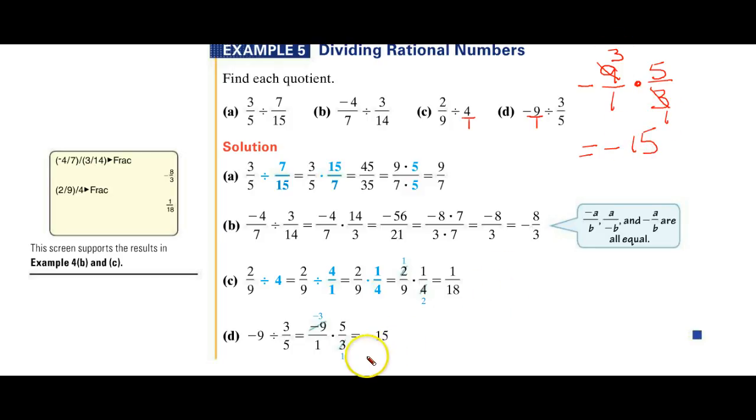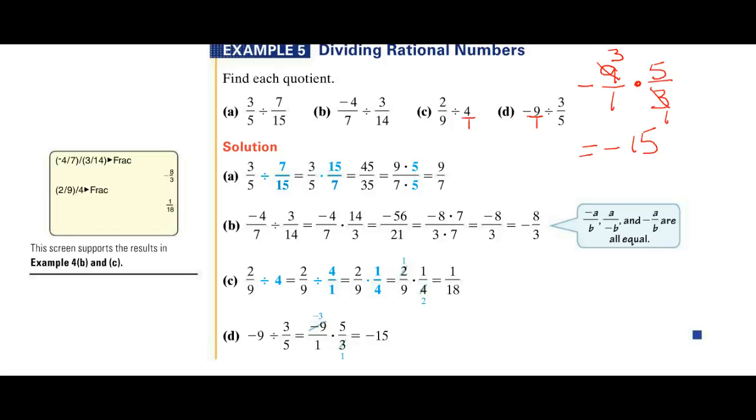And that's what they have here. So again, we changed the division to multiplication, flip the second. And we determine our signs by, if it's like signs, it's positive, unlike signs, negative, and we've gone through the steps.